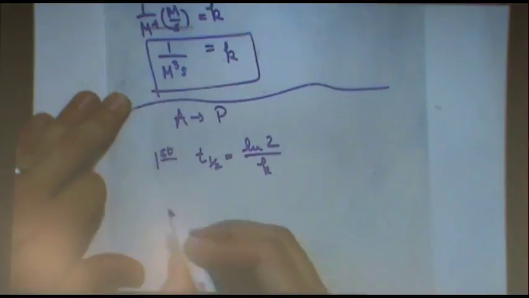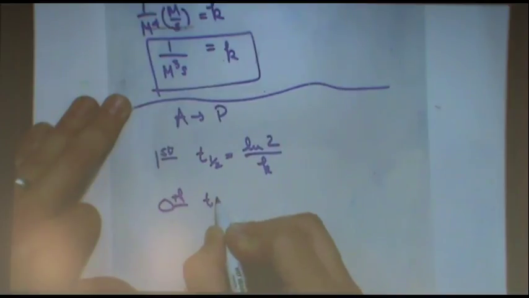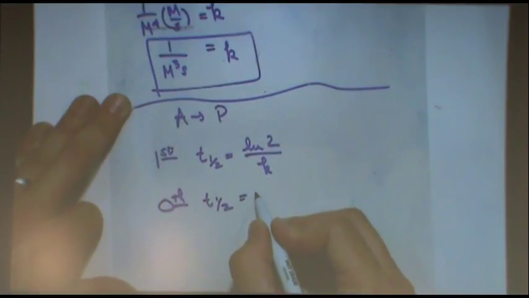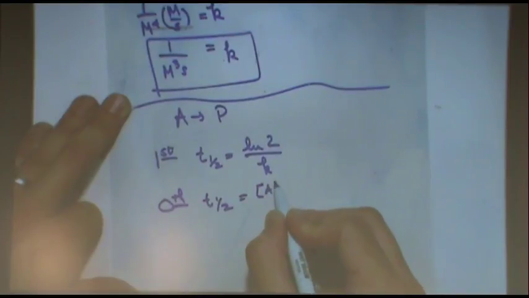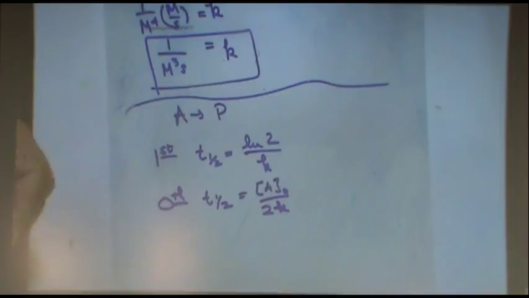Okay? But let's say, for example, you're doing 0th order. Then the half-life is, let's see, A over 2K. So in both cases, you'll need K.